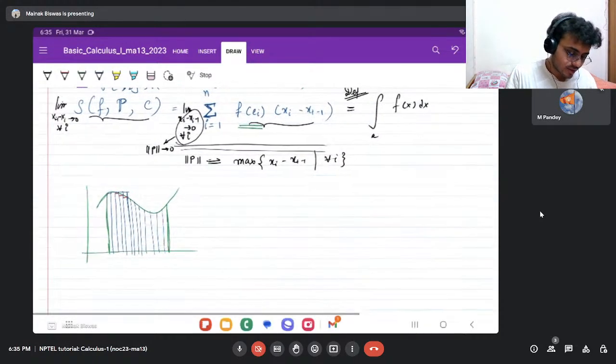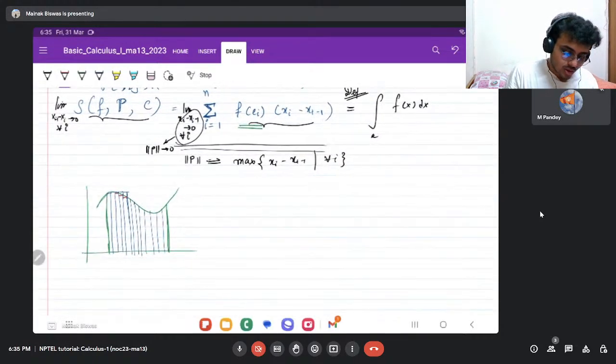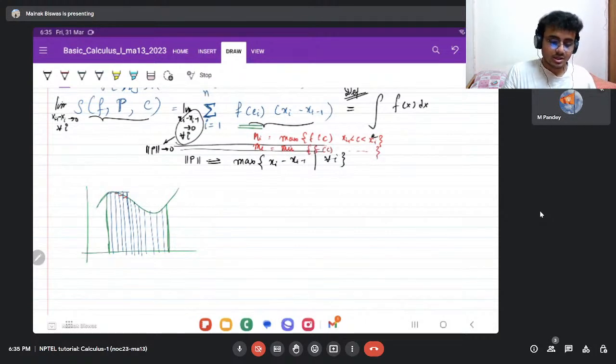Let's first define Mi as the max of f of C for C belonging to [x_{i-1}, x_i]. And similarly, small mi will be defined as the minimum of f of C. So you can see your sum S will be less than or equal to the sum with Mi, and greater than the sum with small mi.